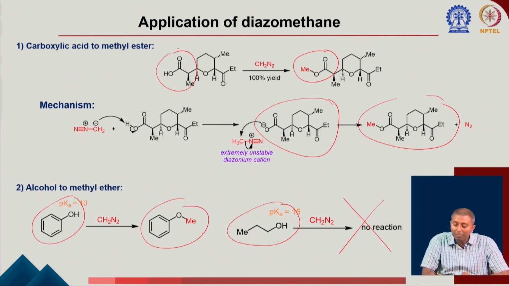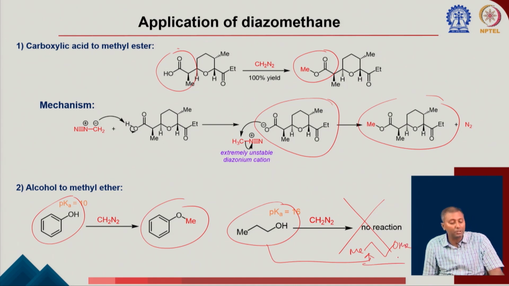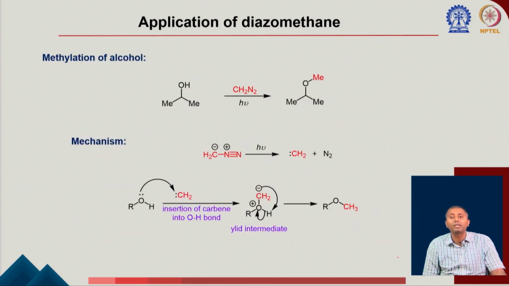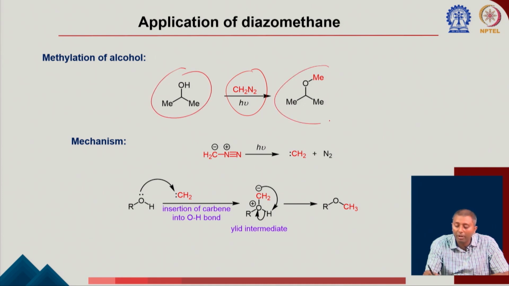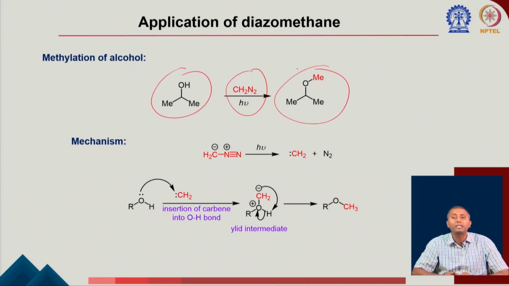But if you want to make this transformation work, what will be the product? Let me just write down the product. Then you can achieve it, but not just by using diazomethane. You have to use h nu, or some sort of UV radiation. If you do that, then you can convert this corresponding isopropanol to this OMe product, meaning the corresponding ether.